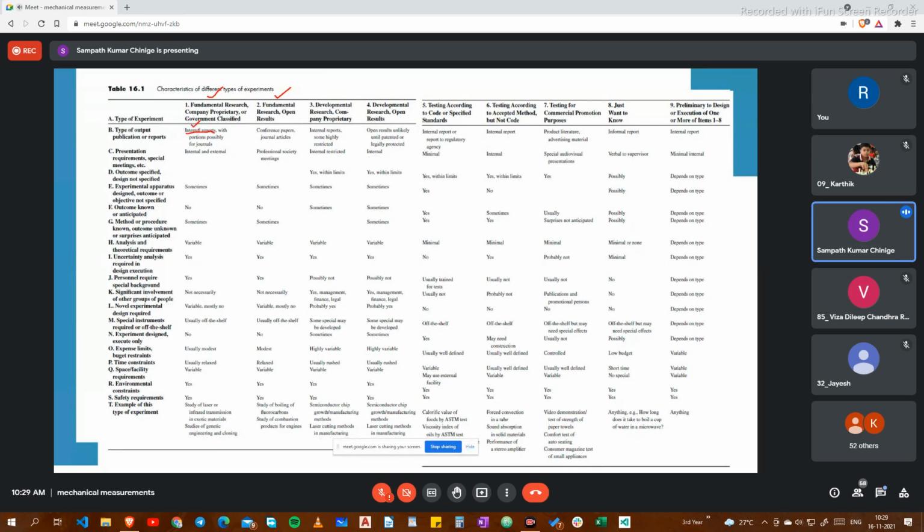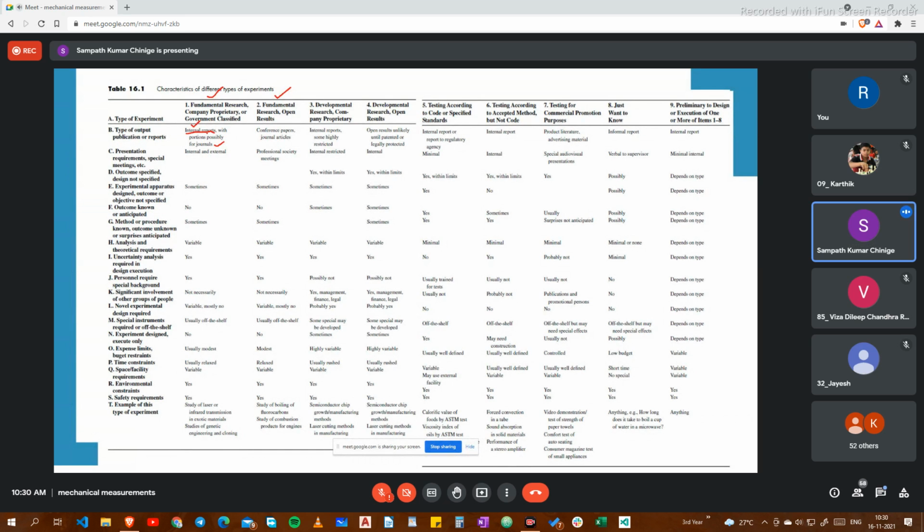That means they will not come out to the outside, with portions possibly going to journals. So it's not completely outside, but only a few portions. In general, they will not give it out. It's like a proprietary item. So basically, the dissemination of the output is by means of internal reports. It's not open to everyone.